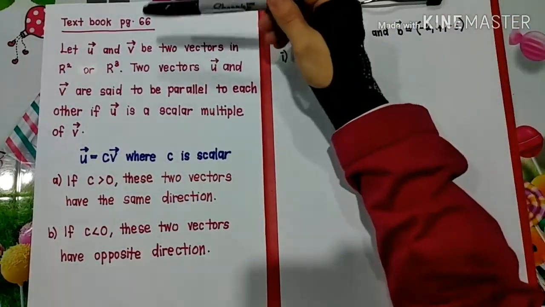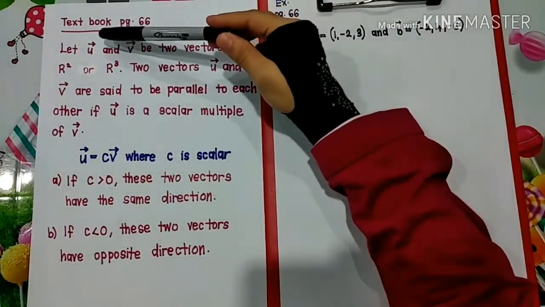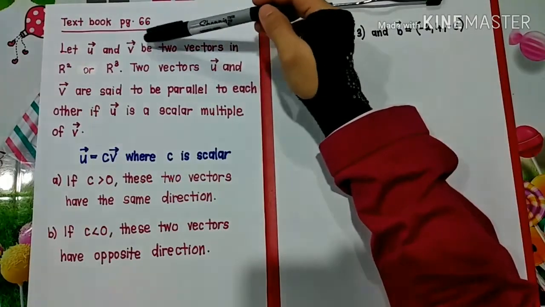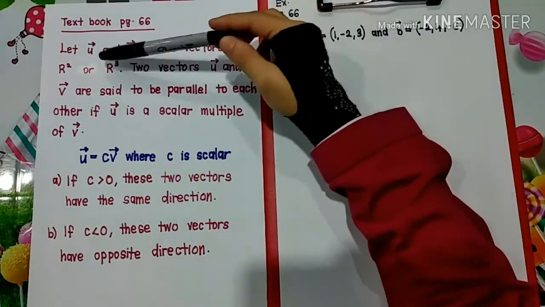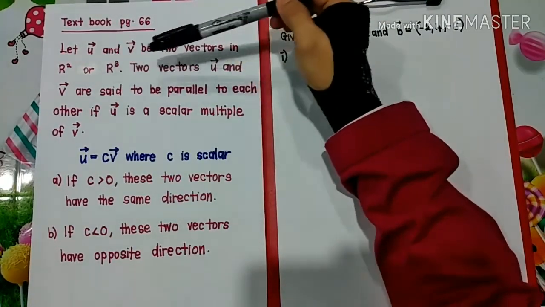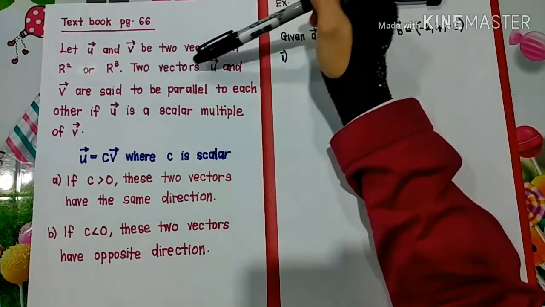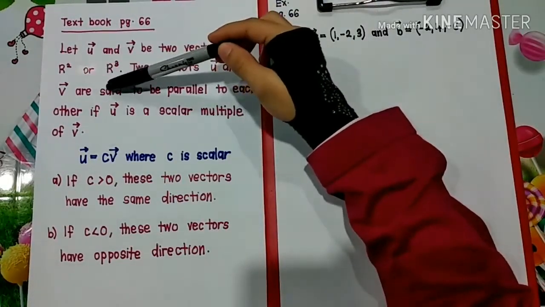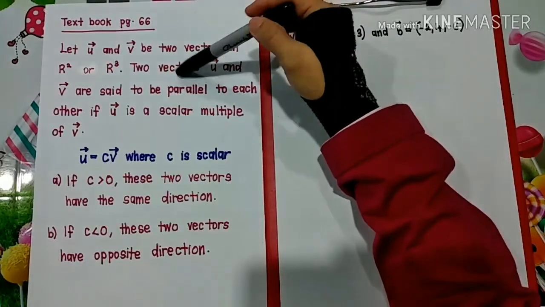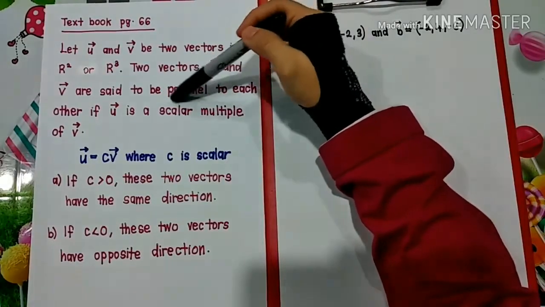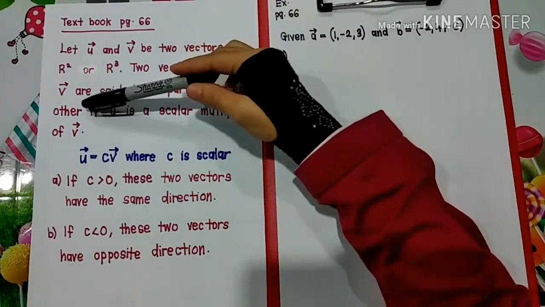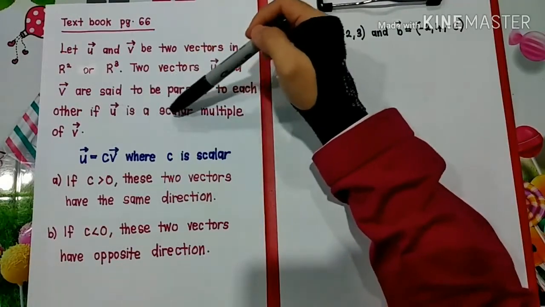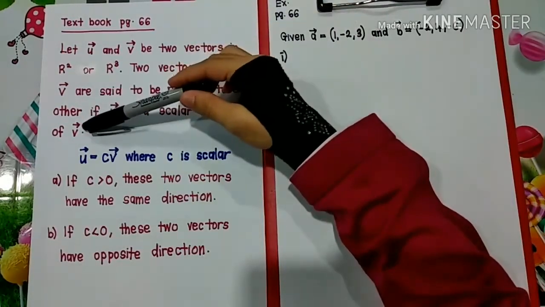If you read here, let u and v be 2 vectors in R2 or R3. The 2 vectors u and v are said to be parallel to each other if u is a scalar multiple of v.